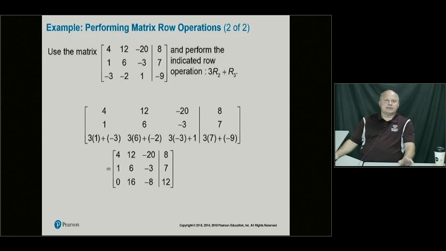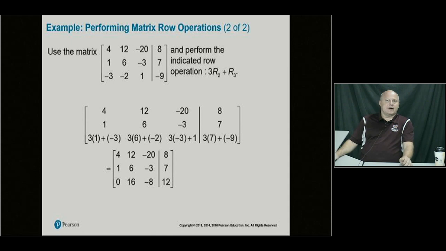Before I go through this whole mess, look at the first row and the second row. They're not changed. It's 4, 12, negative 28, and 1, 6, negative 3, 7. A lot of times I'll tell people, if you don't change a row, write it down. You're changing the third row by taking the second row, multiplying it by 3, and then adding it to the third row. You're like, why would you want to do that in the first place?